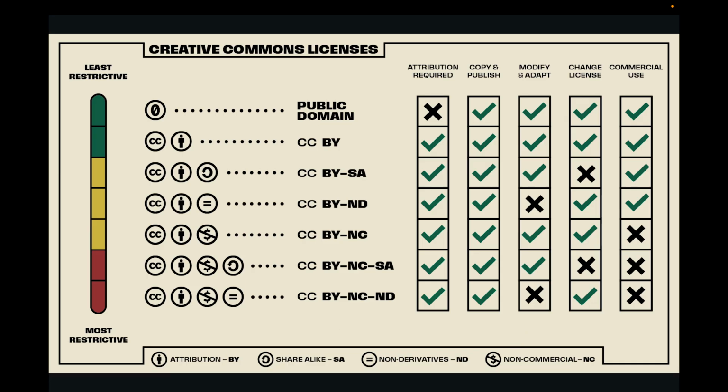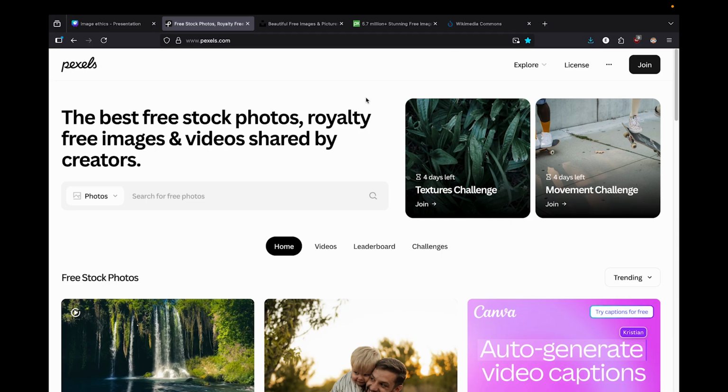Now you're going to notice that almost all of the licenses listed up here have an icon with a person inside. This icon stands for attribution because the majority of Creative Commons licenses require attribution with the exception of public domain.